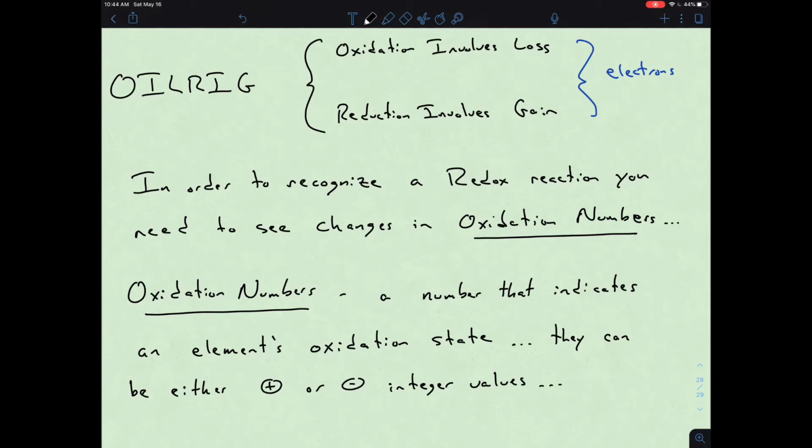So oxidation numbers basically relate to us an element's oxidation state, the actual oxidation state that it's in.